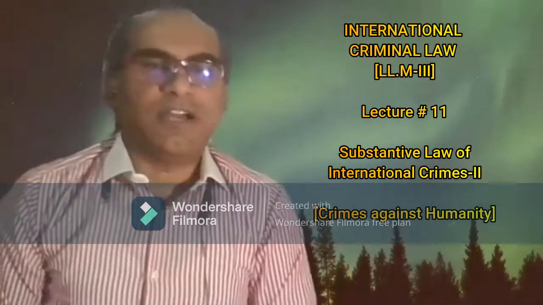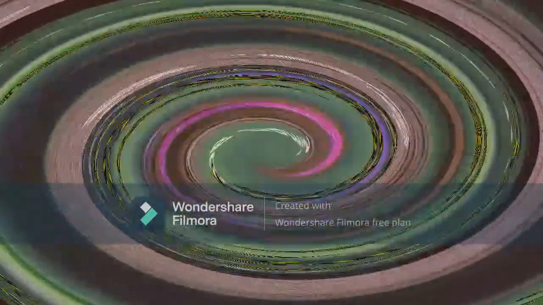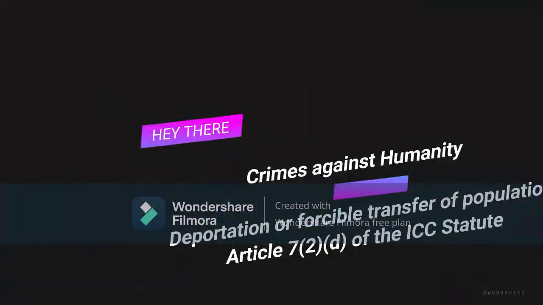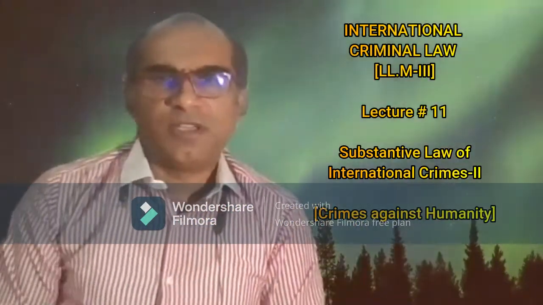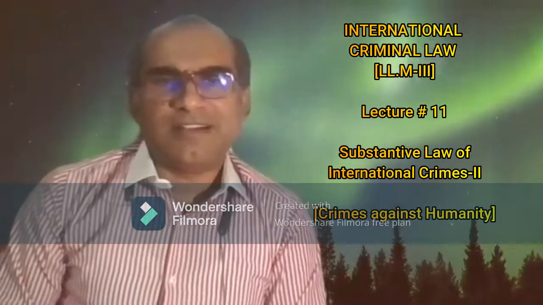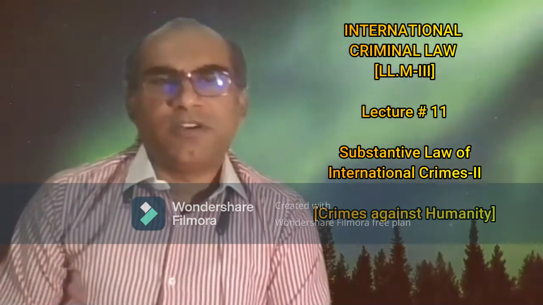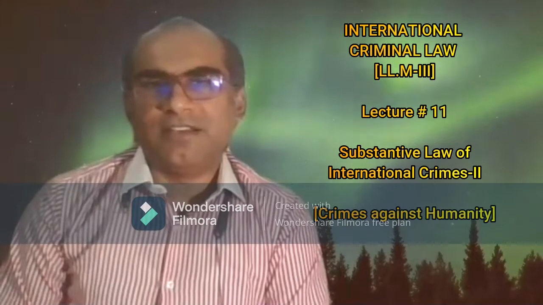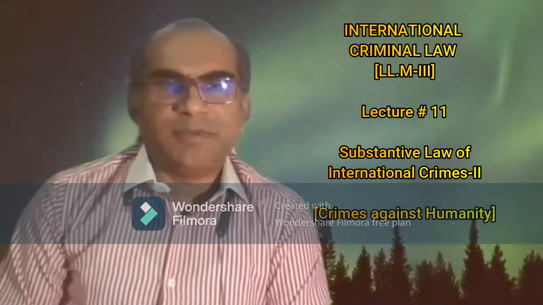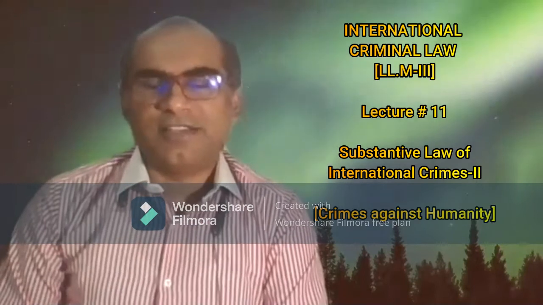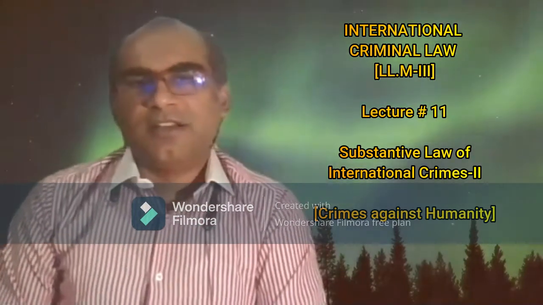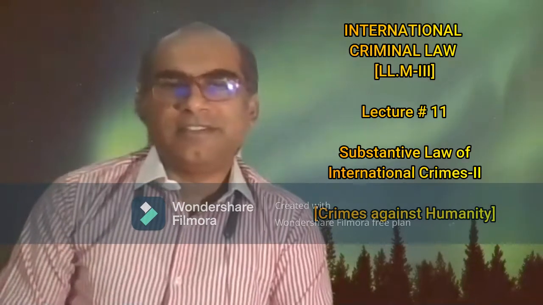The elements required regarding that offense: the perpetrator deported or forcibly transferred, without grounds permitted under international law, one or more persons to another state or location by expulsion or other coercive acts. The persons must be lawfully present in the area from which they were deported or transferred, and the perpetrator was aware of this. The awareness, the gravity, the widespread nature, and the intensity are further elements.